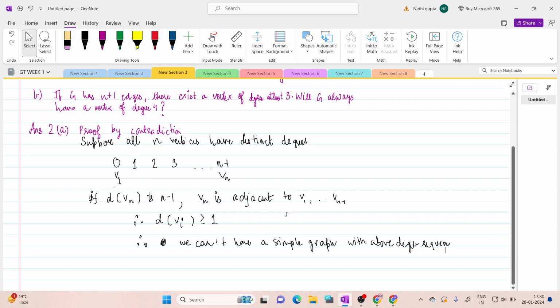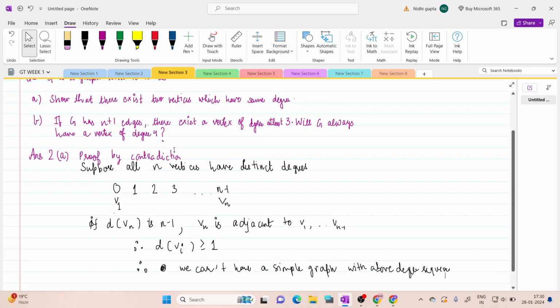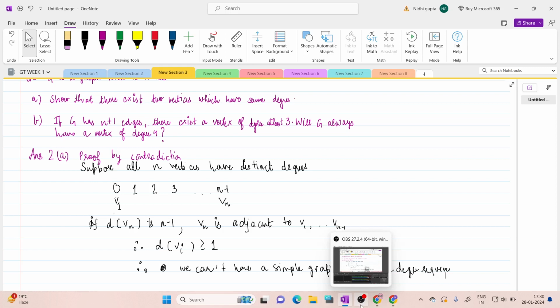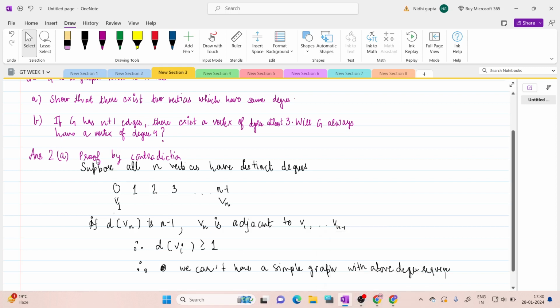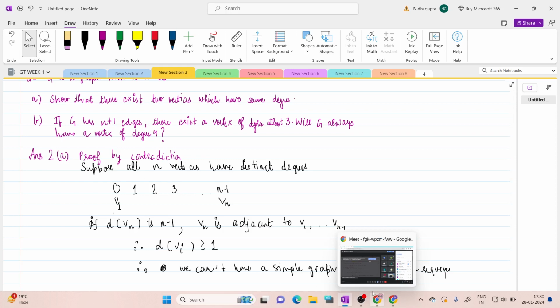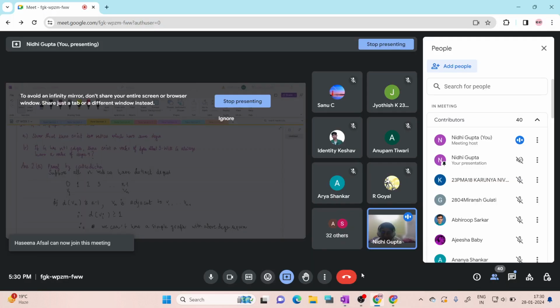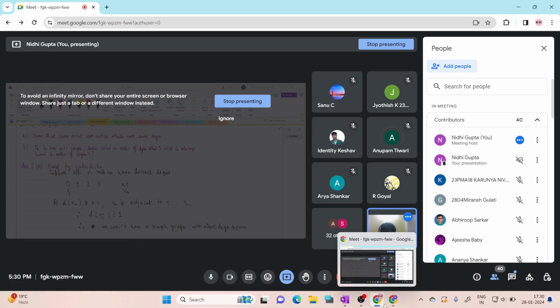So this result is true no matter whether the graph is connected or disconnected. We didn't put any condition on our graph except that it is a simple graph. So is the first part clear to everyone? Yes. Okay.